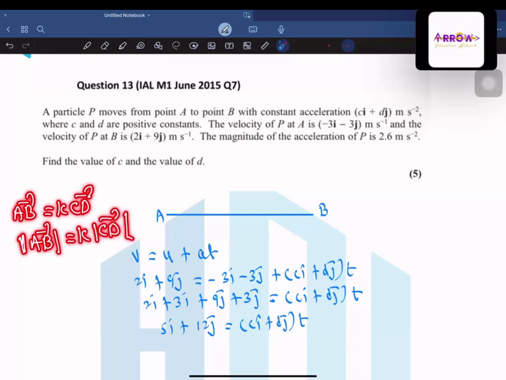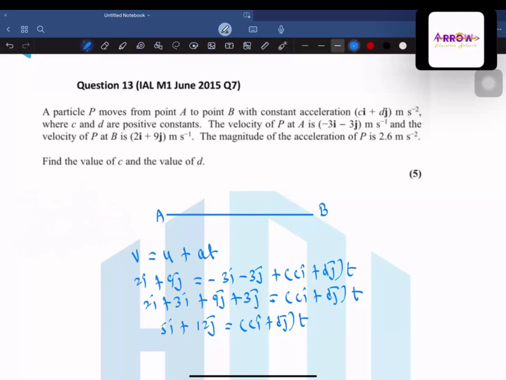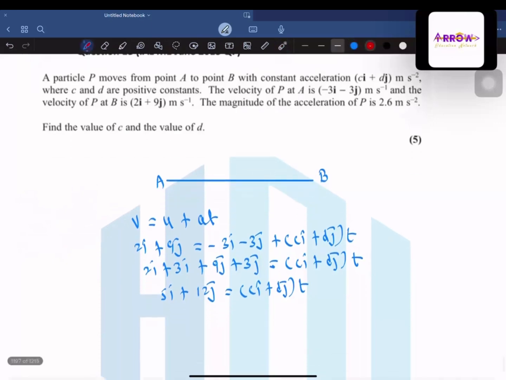Make sense or not? This is the basic concept which you have been studying since O-level mathematics. Therefore I can say that the magnitude of 5i plus 12j is equal to the magnitude of ci plus dj multiplied by t.